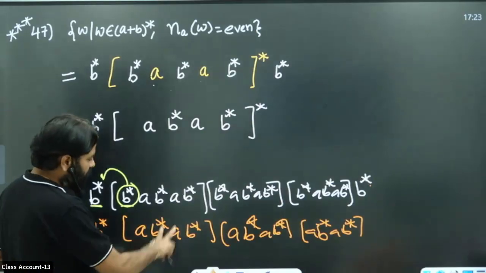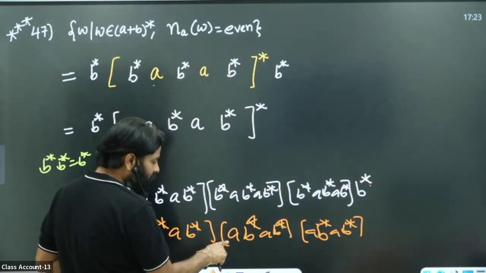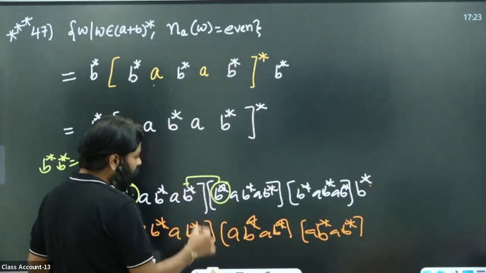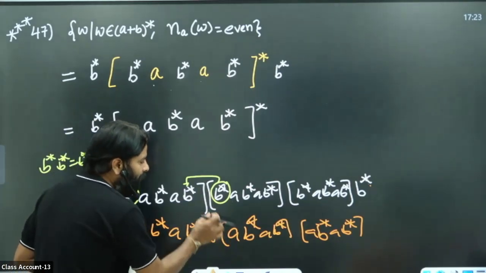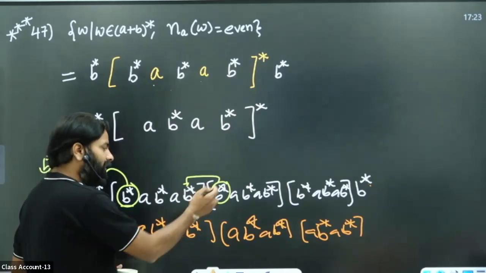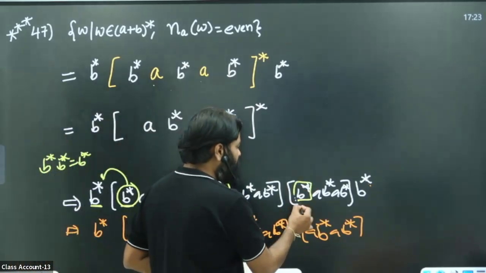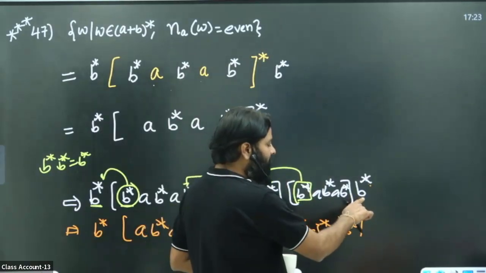Now look, they are the same. And here, B star is not there, here it is there. Can this B star be generated from this one? Do you really need this B star? Because B star is already there. Again, the coming B star is not required. So this B star also can be covered by this, meaning this B star is not compulsory. And here also one more B star. This is covered by this one. Right. And here an extra B star is there, here it is not.